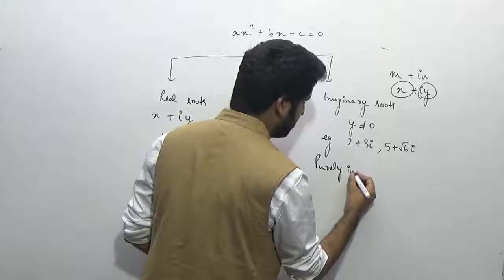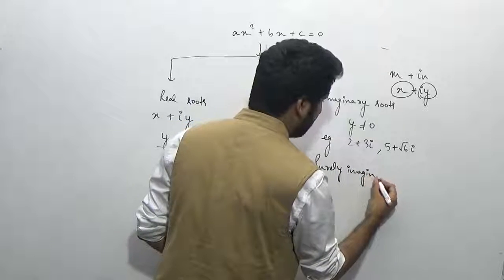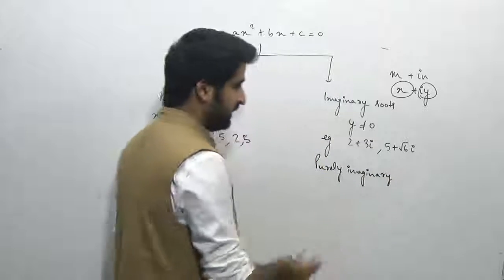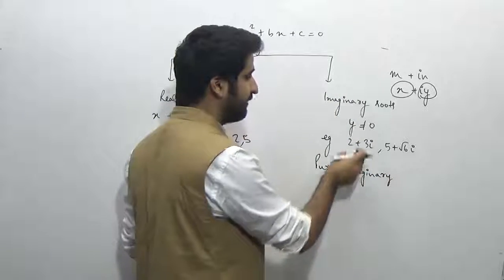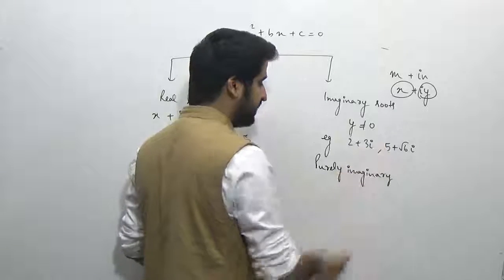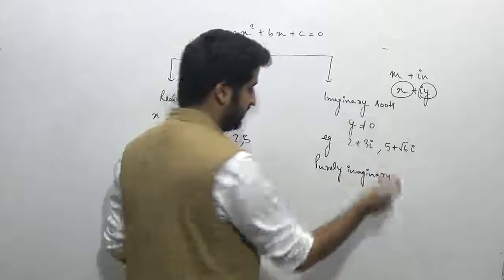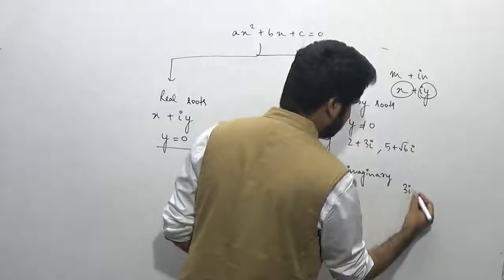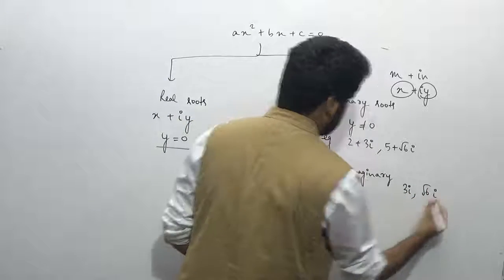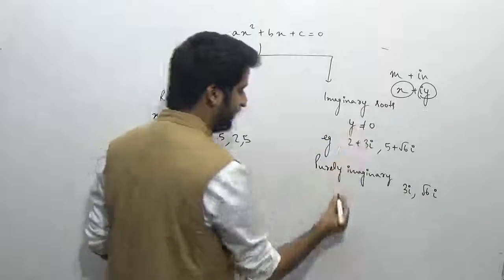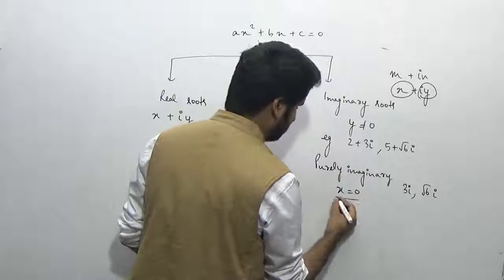The meaning of purely imaginary is that we have no real part. In case of imaginary roots, we have a real part and an imaginary part. In case of purely imaginary, we have only the imaginary part. So these will be something like 3 iota or root 6 iota. In this case of purely imaginary, the value of x is equal to 0.